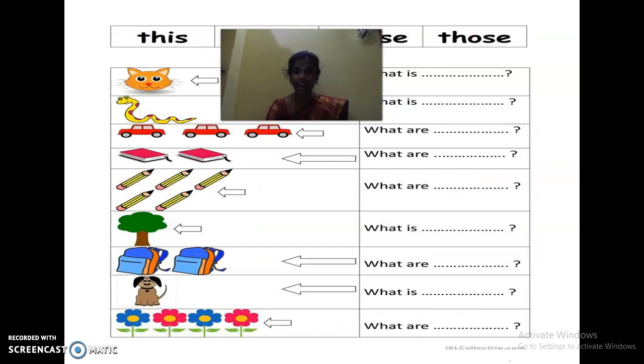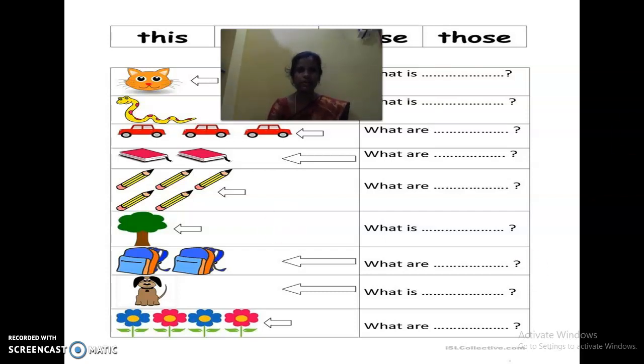Yes, these and those. If the object is near, use these. If it is far away, use those. Kids, listen, when you use these and those, the object should be plural.